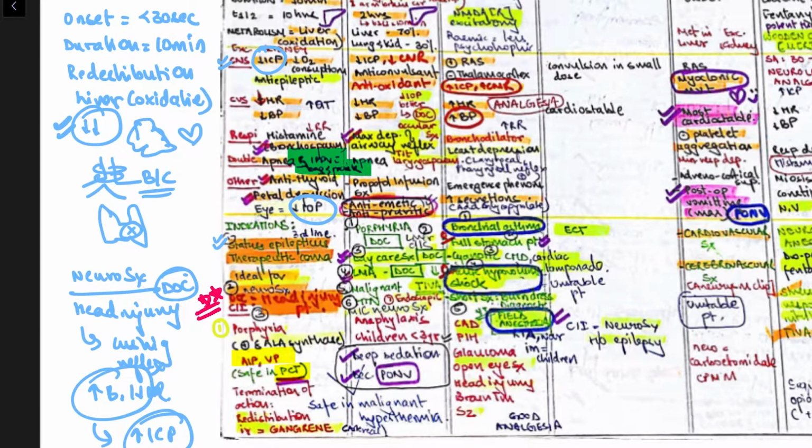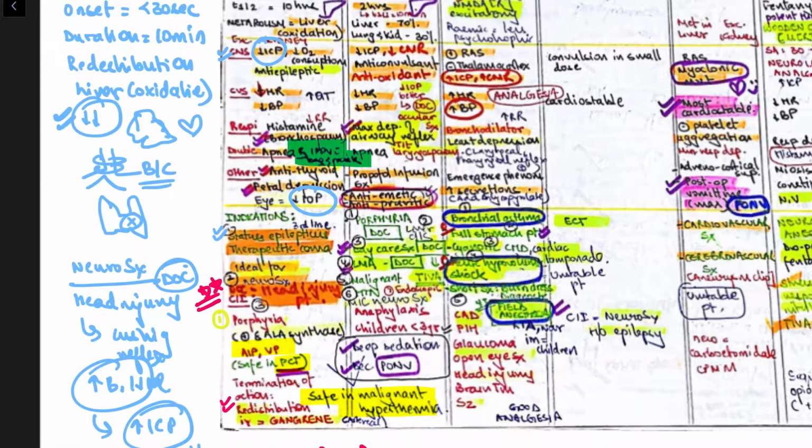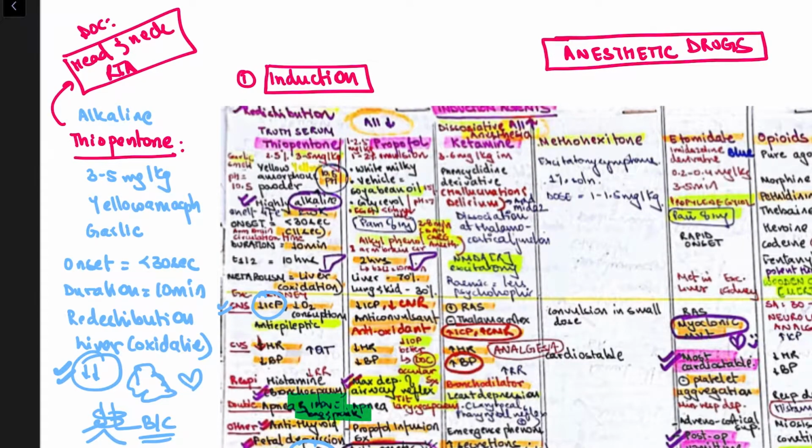So thiopentone can be given in PCT, while in AIP and VP it is not given. Okay, meaning it is not given in porphyrias but it is safe in cutanea tarda, right? Then termination of action is due to redistribution, and if it is given intra-arterial then it leads to gangrene, right? Also remember it is safe in malignant hyperthermia. Very important point again, it can be given, meaning it does not precipitate malignant hyperthermia. This is all you need to know about thiopentone or truth serum.